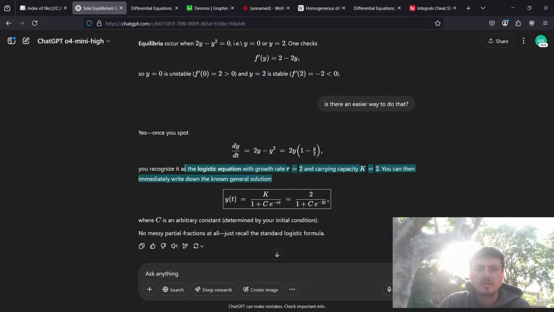Once you spot, you recognize it as the logistic equation with growth rate r equal to 2 and carrying capacity K equal to 2, you can then immediately write down the known general solution. Okay, so maybe that's what we need to do.